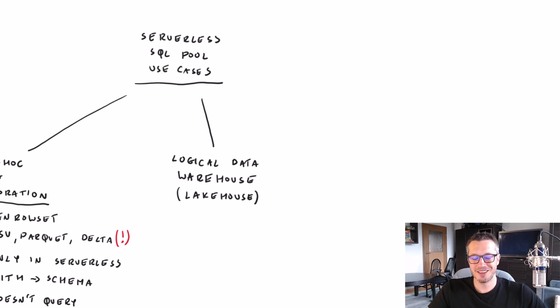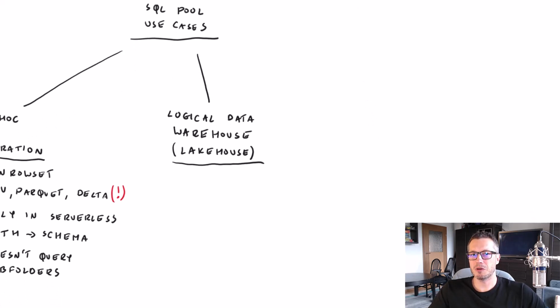We know that serverless has this cool function called OPENROWSET that can be used to query data that lives on a data lake using TSQL. So yes, OPENROWSET, that's the way to go, just to make this data available.